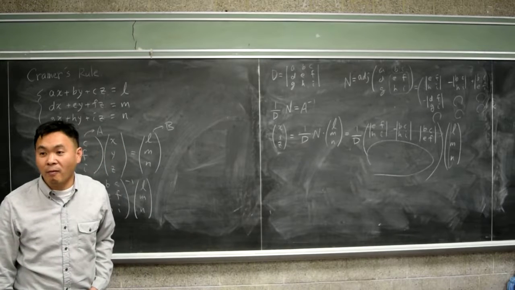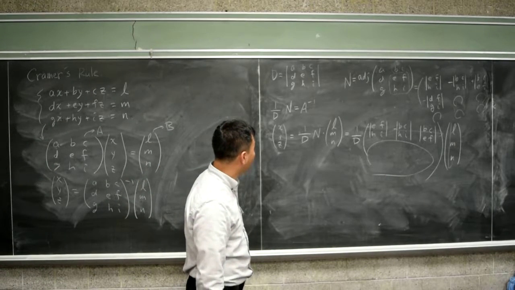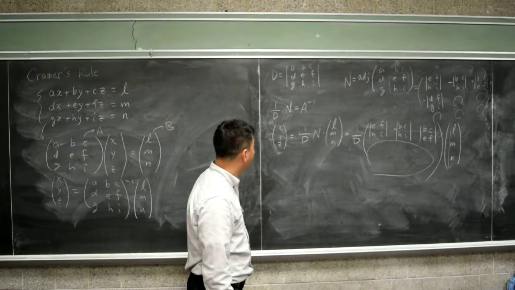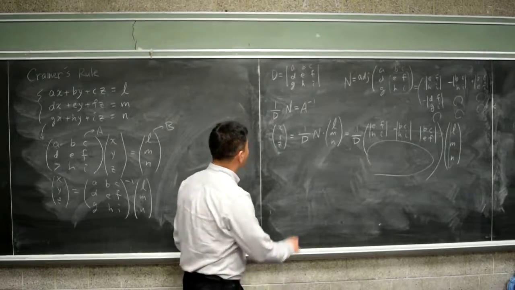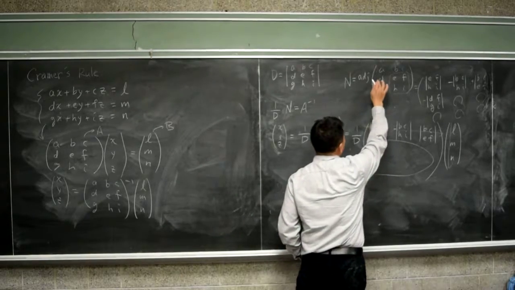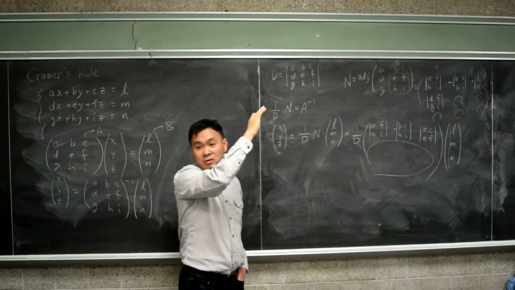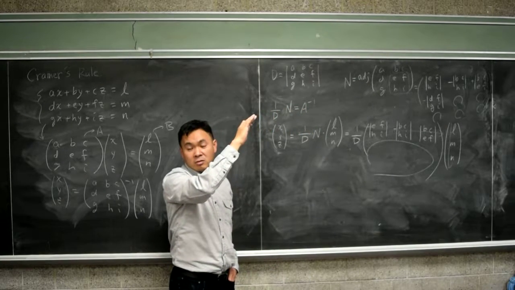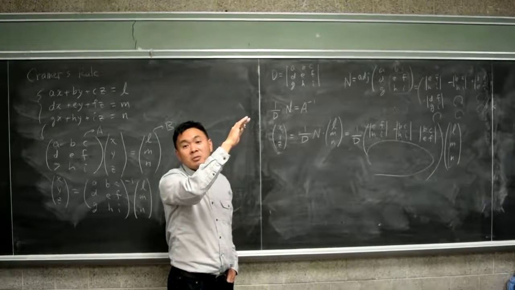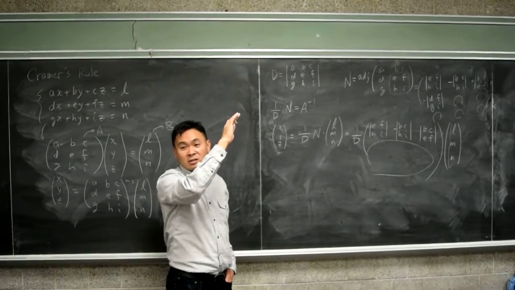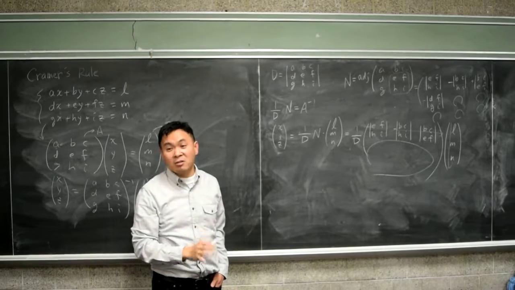Where you wrote 1 over D times N equals A inverse, do you also need the inverse of D since we gave it the value D? No, you have to divide the adjoint by the determinant to get the inverse of the matrix. But then we gave the matrix the value D. No, the matrix is not D. The determinant of the matrix is D. There's a difference between the matrix itself and the determinant of the matrix.